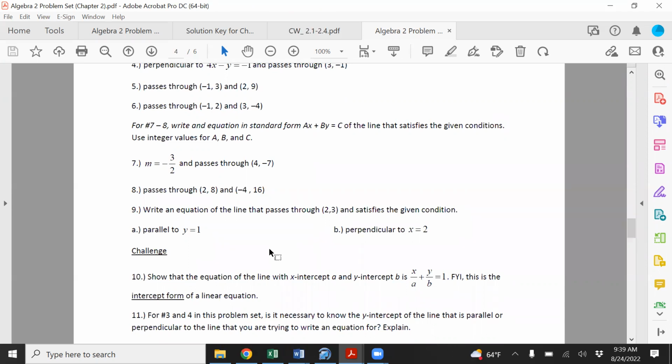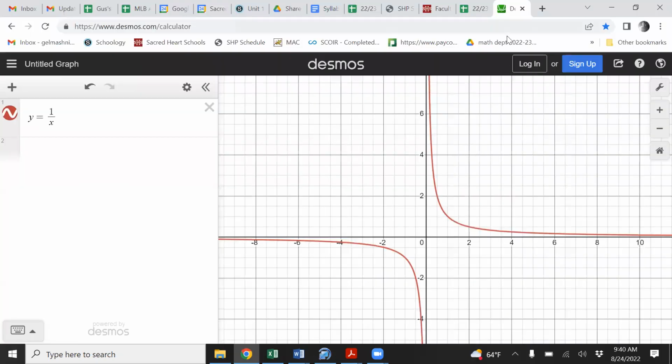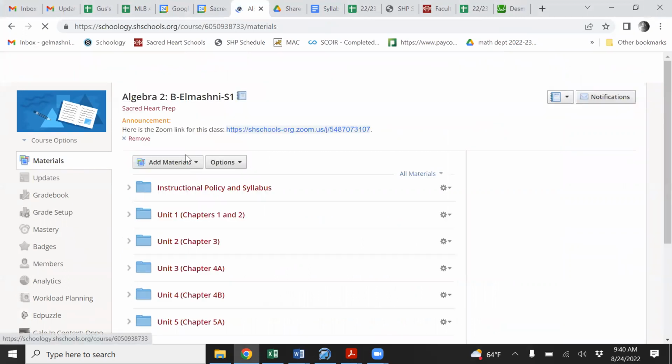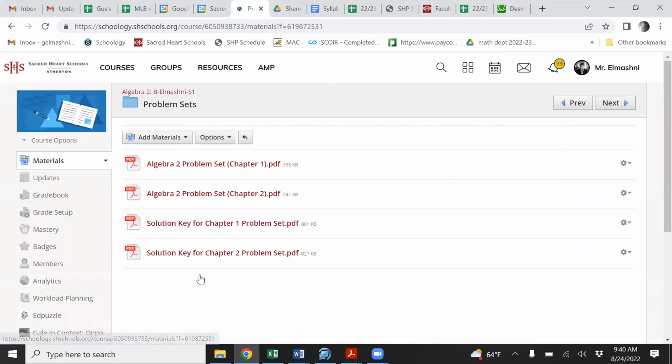Hold on a sec. Tell whether the relation is a function. So Cam, were you asking if it's in school? It is there. Click on problem sets. Oh, the assignment. Yes, I'll put that up right now.